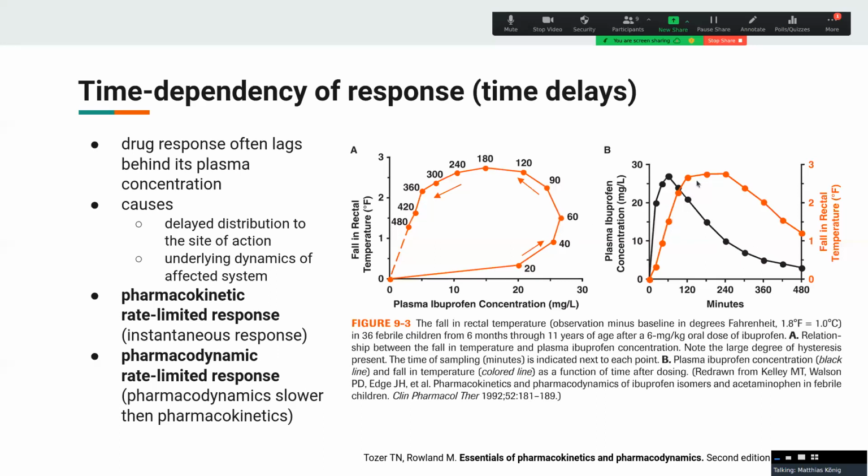You often take ibuprofen to lower fever, but it takes some time, around 2 hours. Basically, you get the maximum plasma concentration around 1 hour from the pharmacokinetic part, but it takes around 3 to 4 hours until you reach the maximum biological effect, or the maximum reduction in temperature.